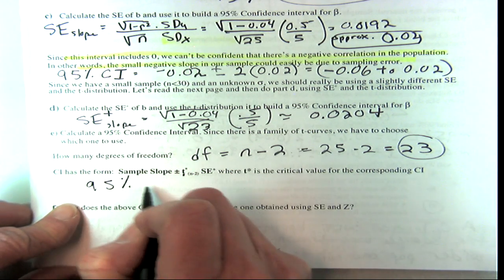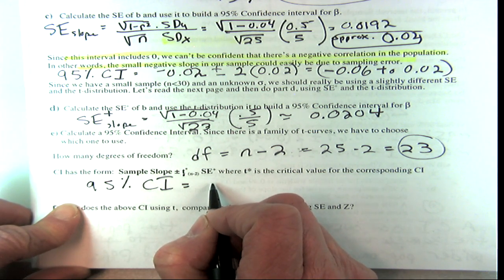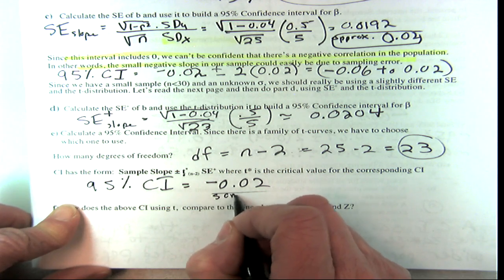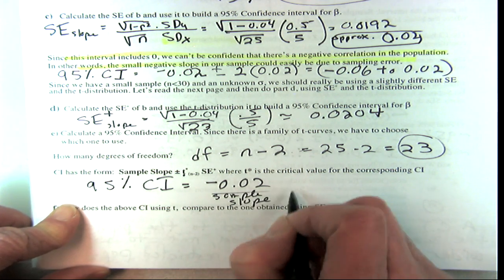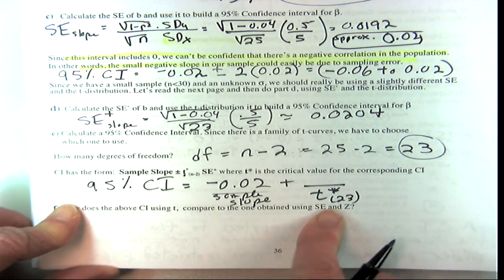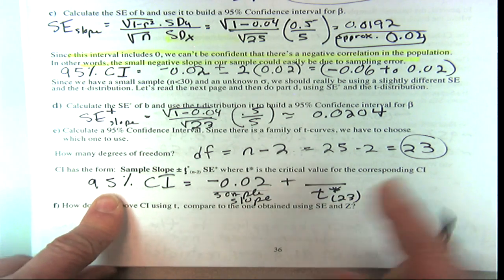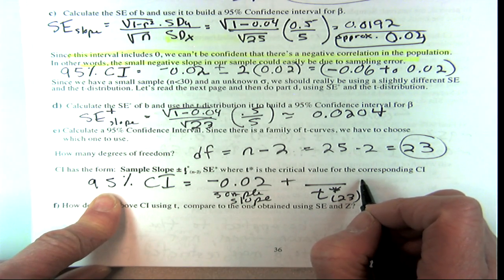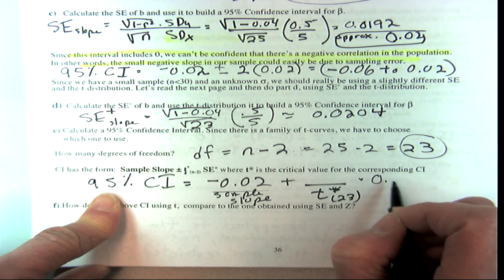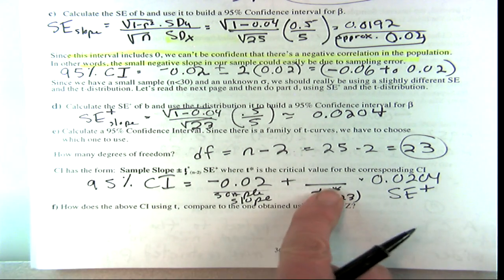The 95% confidence interval is going to equal our sample slope, plus or minus the critical value corresponding to 95%, times our standard error plus, which is 0.0204. And then we can just do that math.